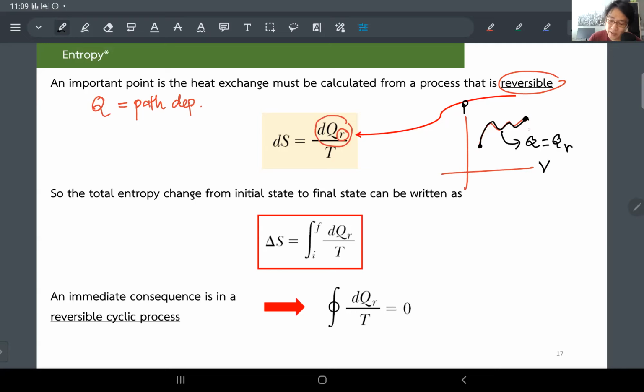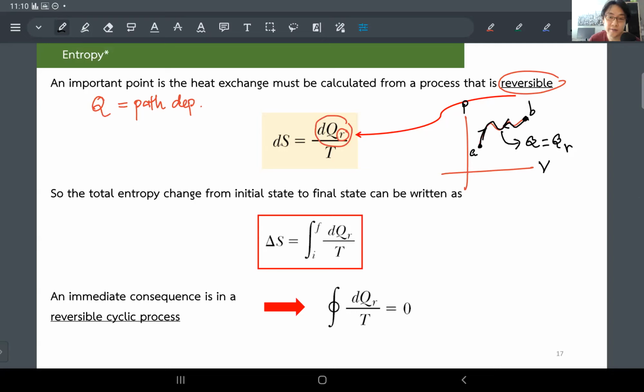Why? Because you can always change the arrow. You can go from A to B, or you can come back from B to A. It doesn't matter. Everything that we have done so far are quasi-static processes. That means you do everything slowly, you can measure all the parameters nicely, and you can go forward and backward as long as you specify the path.